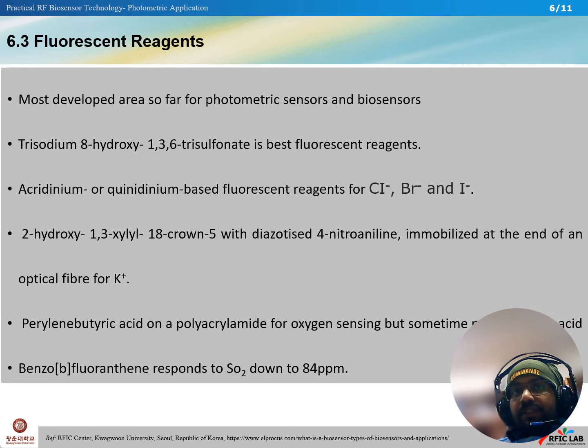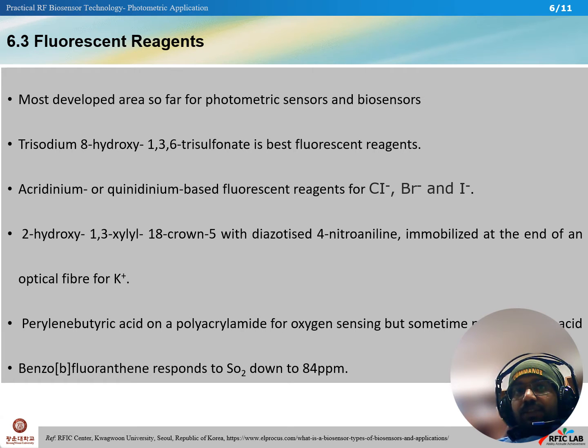2-hydroxy-1,3-xylol, 18-crown-6 with benzoate, 4-nitroaniline immobilized at the end of an optical fiber is used for potassium.